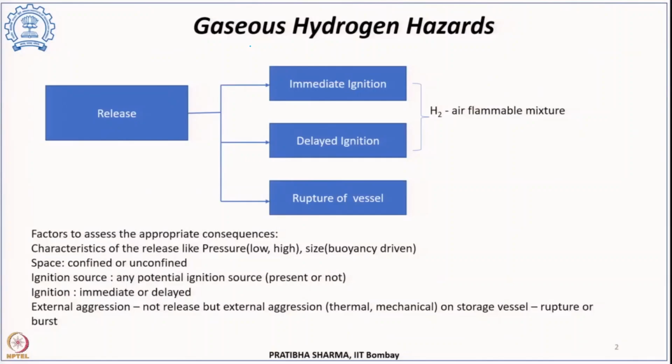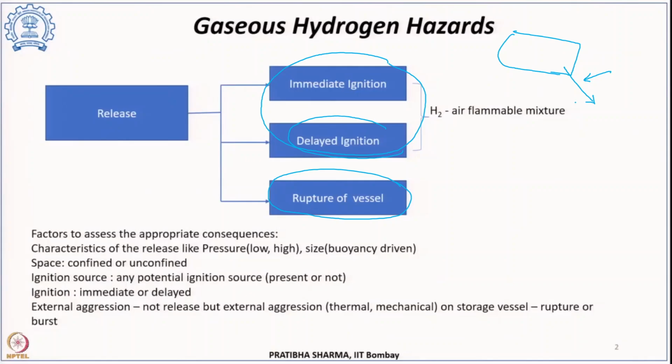When hydrogen gas releases, there will be two options. One is immediate ignition, the other is delayed ignition, and the second is no ignition. Suppose hydrogen is leaking from this tank and there is some ignition point or fire, it will ignite the hydrogen immediately. Okay, it will be explosive.